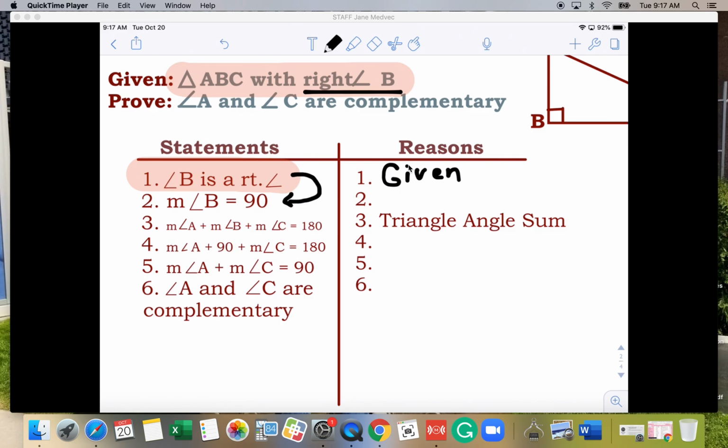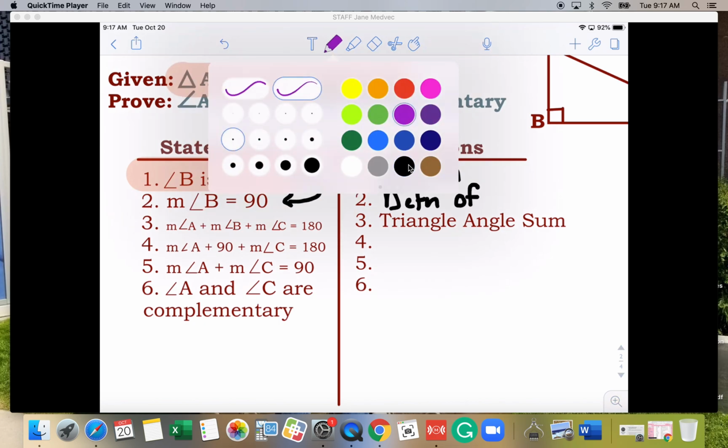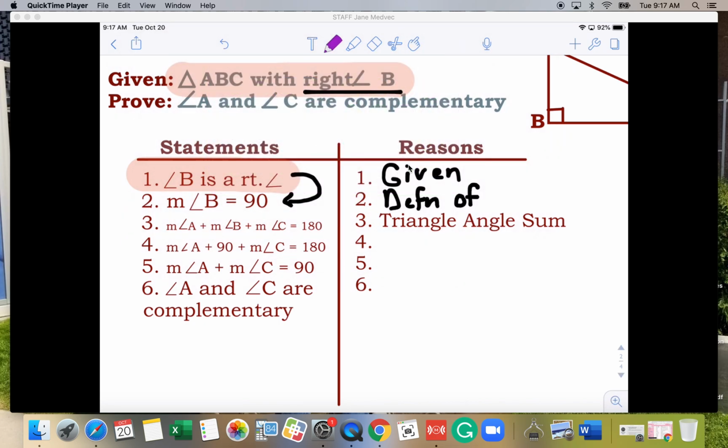So for these, we're going to go definition of. Whenever it's kind of like a duh statement, like, oh my gosh, it's right there, we're going to use definition of, and that'll be one of the reasons that we use. It's going to be definition of right angle, because the definition of a right angle says it's 90 degrees.